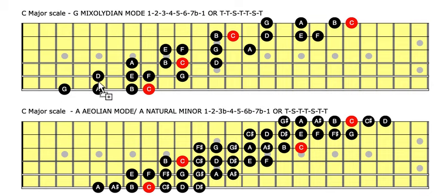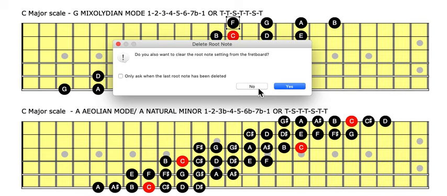G, A, B, C, D, E, F, G, A, B, C, D, E, F, G, A, B, C, D, E, F. Now this F is out of place. We have to put it back there. And then we remove this.